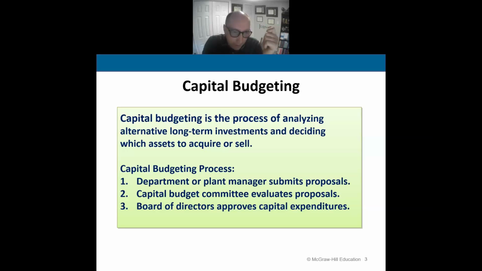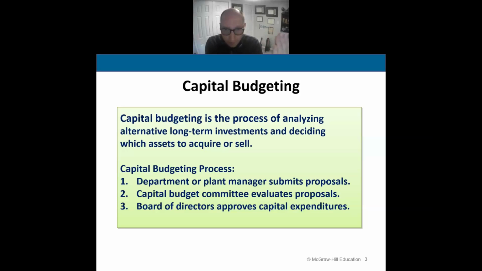We look at, in capital budgeting, the amount of the investment that we're willing to make to purchase an asset, and we use that logic to evaluate different proposals.